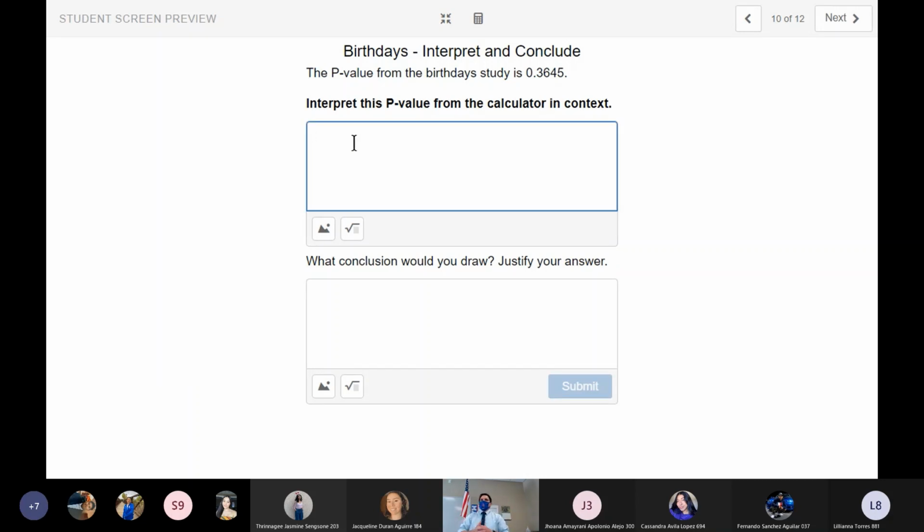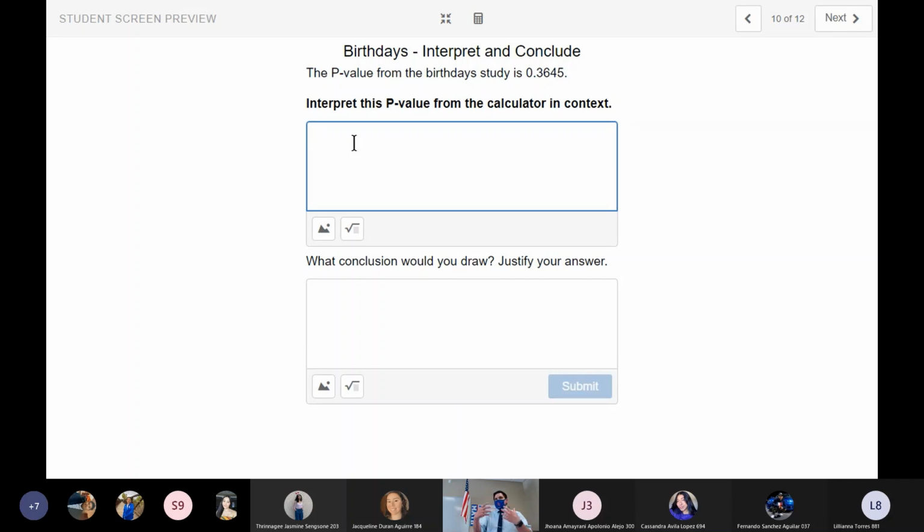So when we're interpreting a p-value in context, we're interpreting what this probability means. This calculation of the p-value is based on the assumption that the null hypothesis is correct, which in this case is assuming that there is no difference in the distribution, or that the distribution of birthdays is the same.